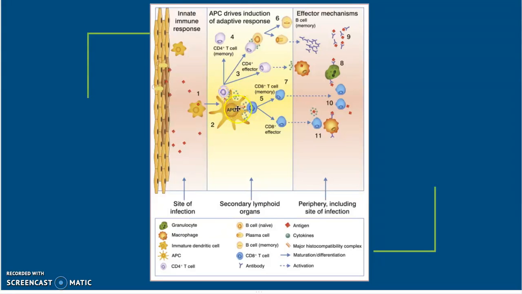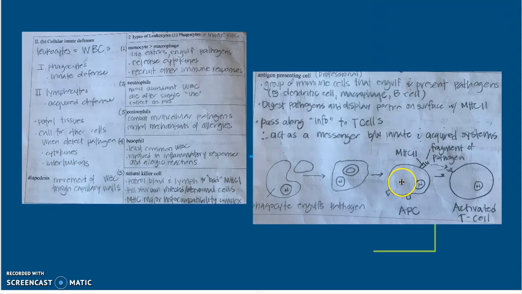And when it does that, it's matured into an antigen presenting cell. That's what APC means. And now it has information about a specific pathogen. So this really is sort of the messenger in between.